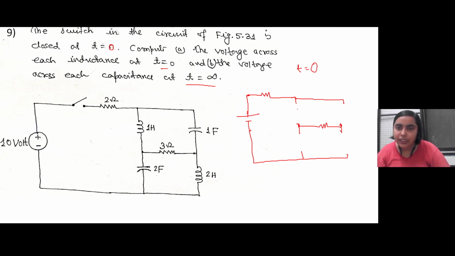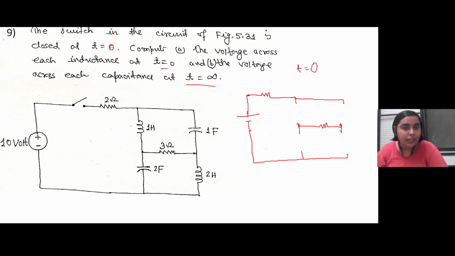Let us first talk about the inductor. At time t equal to 0, how will the inductor act? Short circuit? Mm. The inductor acts as a short circuit at steady state, right? If this switch was closed and has been running for a long time, then it will act as a short circuit. But right now the switch has just been closed.